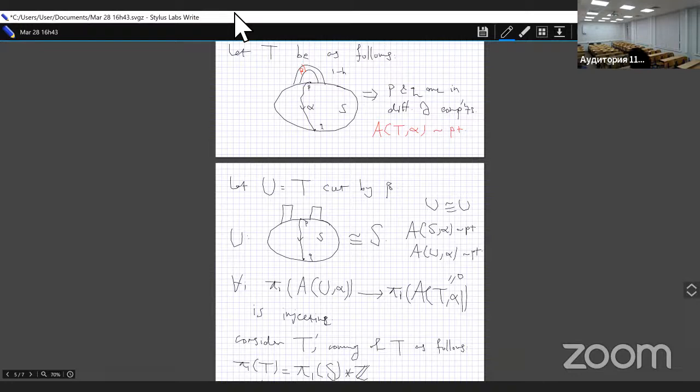So these paths are homotopic to alpha, and what we want to prove is that the lift of every such path to T prime does not depend on which homotopy we choose from the path to alpha.